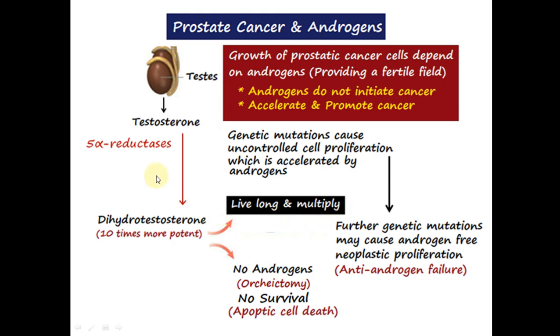The role of the androgens in prostatic growth is evidenced by the fact that if a male is subjected to orchiectomy, in which the testicular tissue is removed and the source of androgen is nearly finished, then the prostatic cells will undergo apoptotic cell death and are unable to survive.